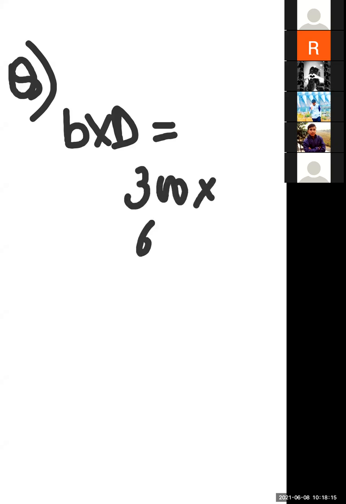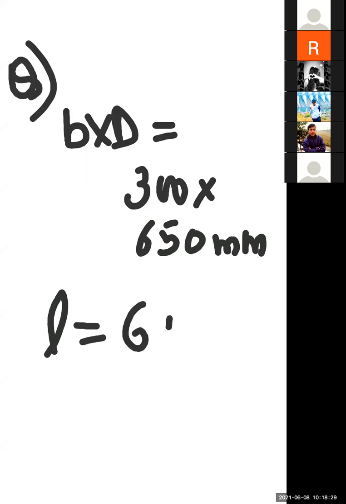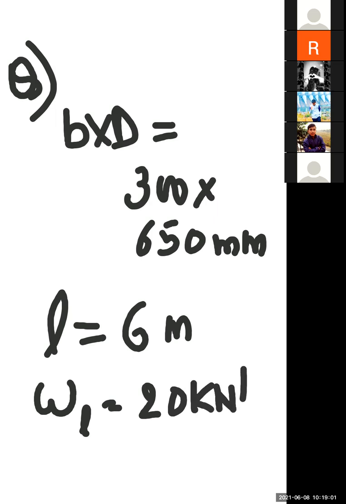For a simply supported span of 6 meter, means L, the length, is given as 6 meter, subjected to live load, here I denote live load by WL, which is 20 kilonewton per meter, excluding self weight.